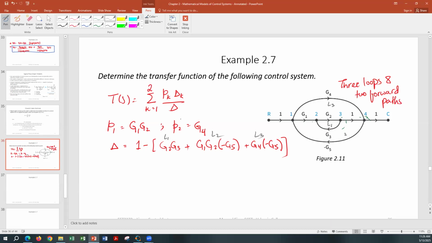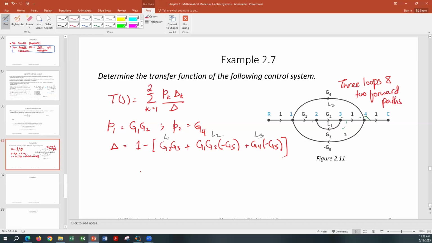Now, do you see any loops that are not touching each other, that is, loops not sharing any node or any branch? L1 and L3, definitely. They are not sharing any node, nor any branch.